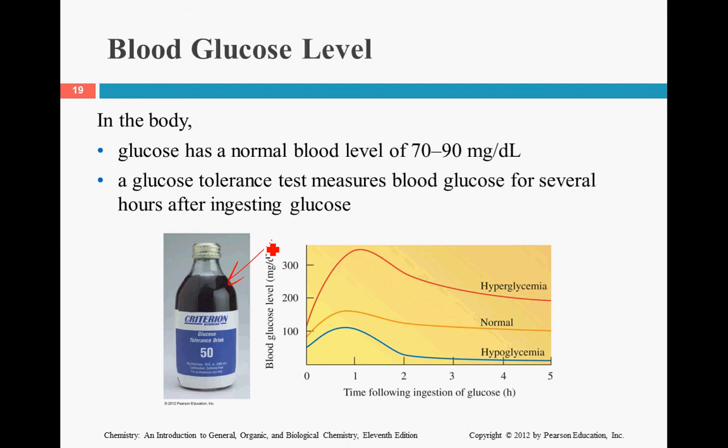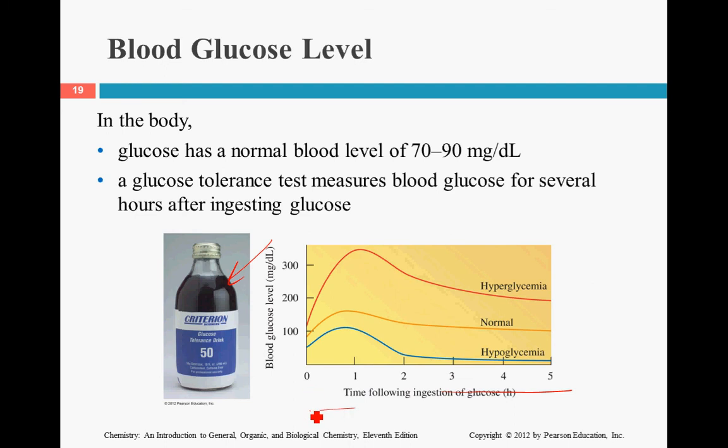Think of that, but melted down in 8 ounces. You have to consume this, and then the doctor or the nurse would take blood from the patient after an hour or two, looking at how your body reacts to the glucose.